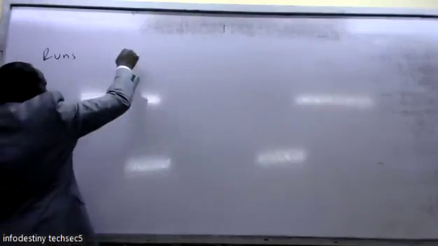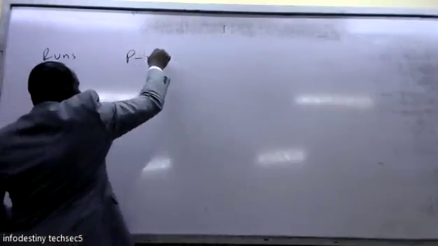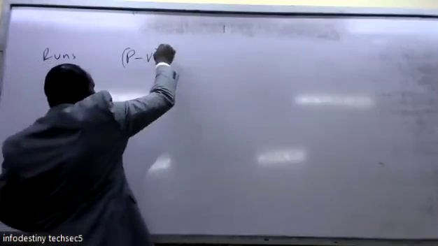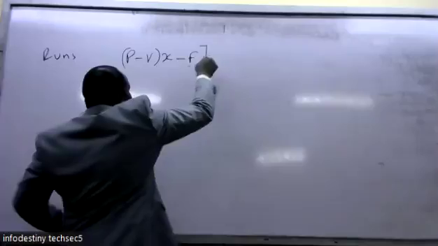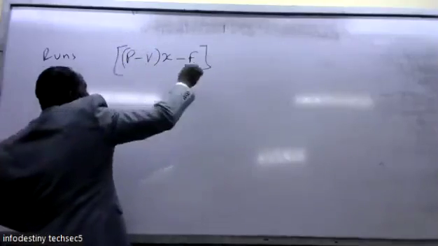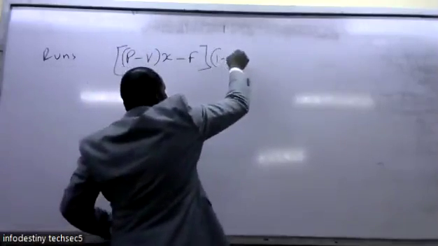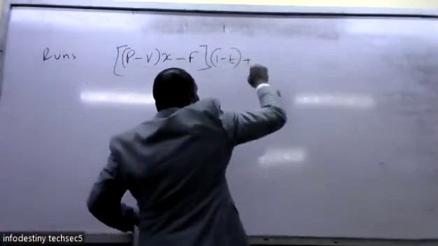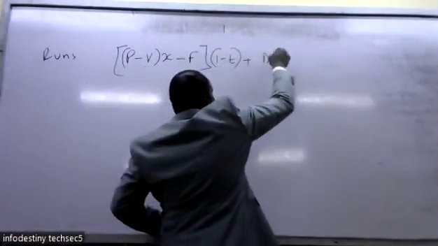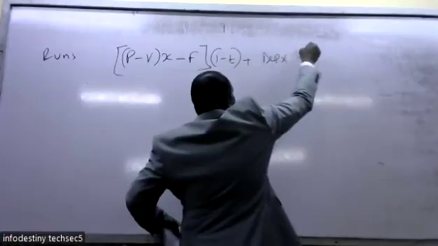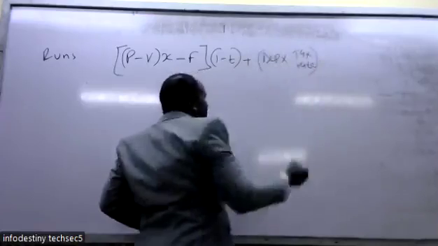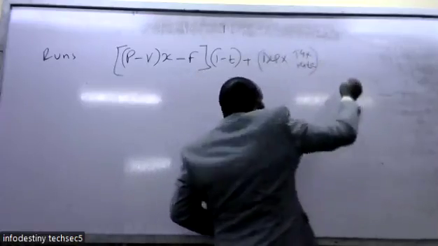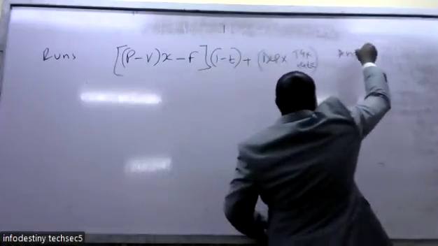Then you remember P minus B, then X minus F, then after that 1 minus the tax rate, and we add depreciation multiplied by the tax rate, so that now you get your annual cash inflows for each random number.